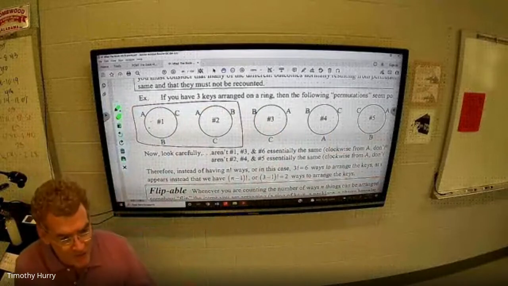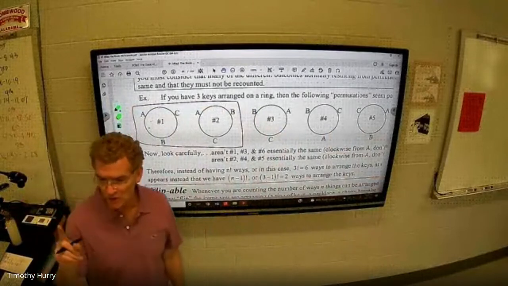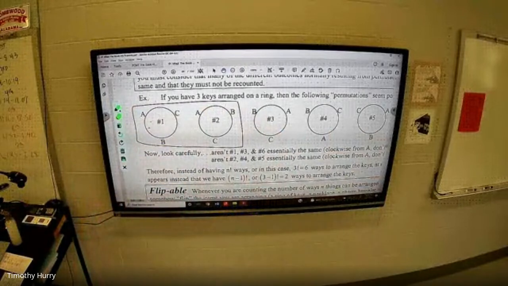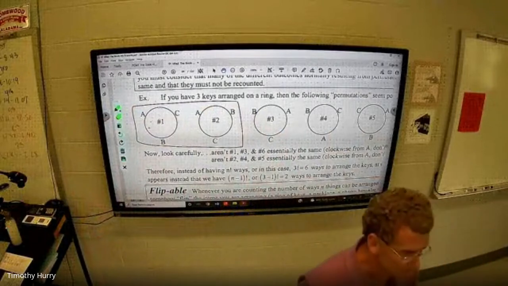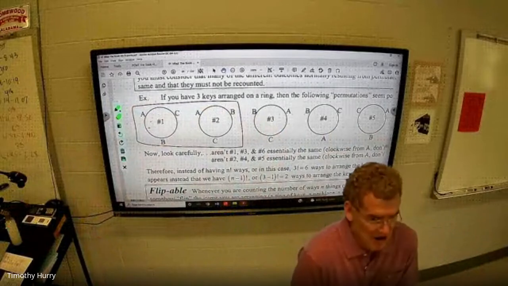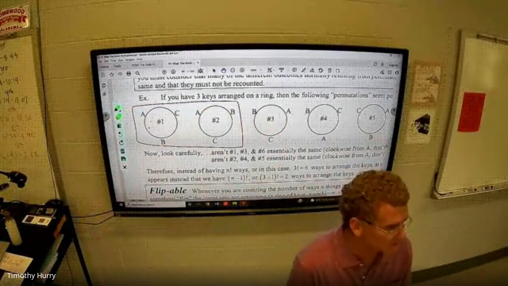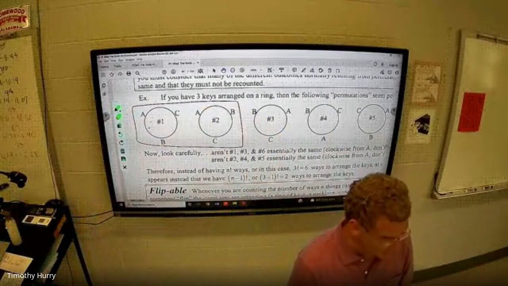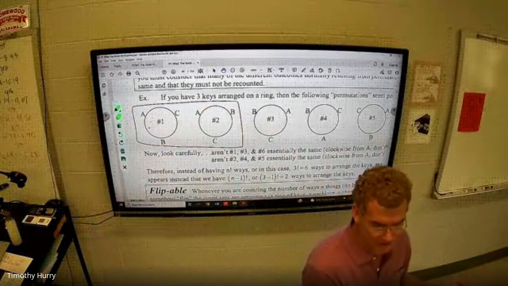Now there are other facts, which means if I gave you key A, B, and C, and I gave everybody in the room a key A, B, and C, and I said, put them on any way you want. And you put them on there, and you're like, all right, this is so different than everybody else. All right? I could take every one of those just by rotating them around or flipping them and make them all look identical.